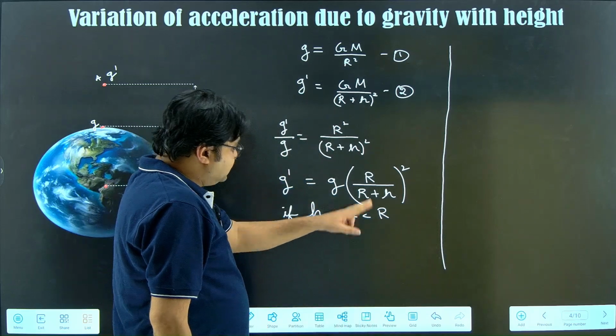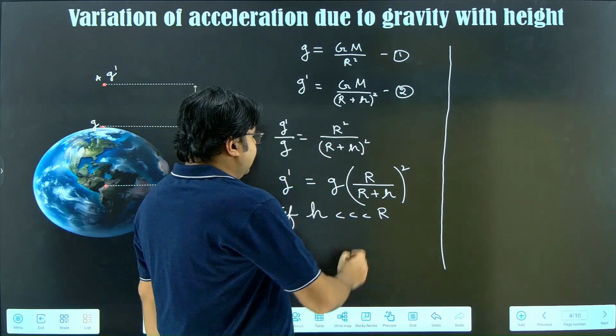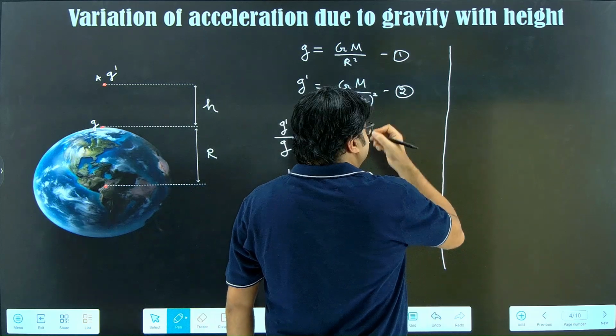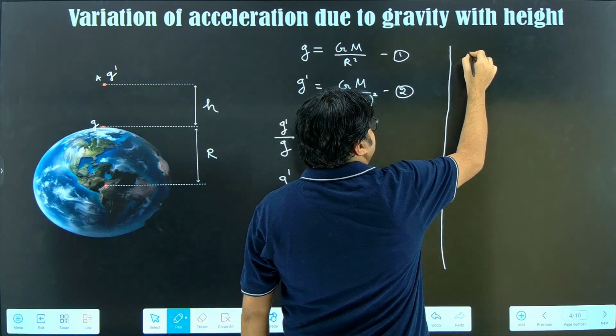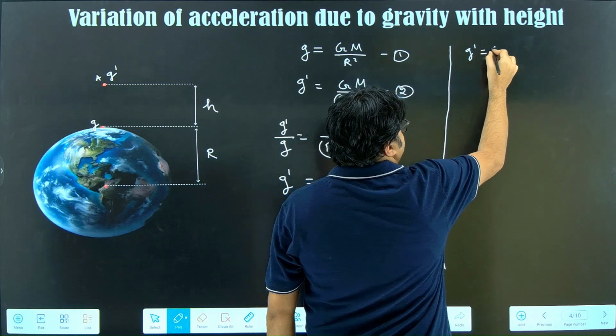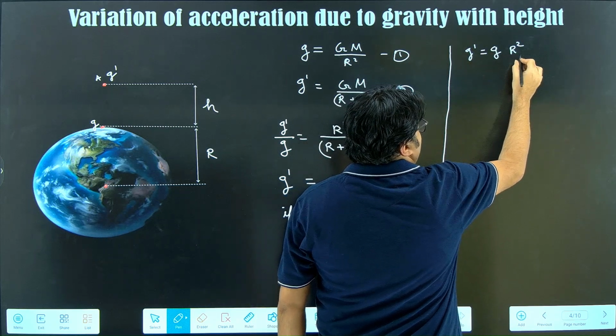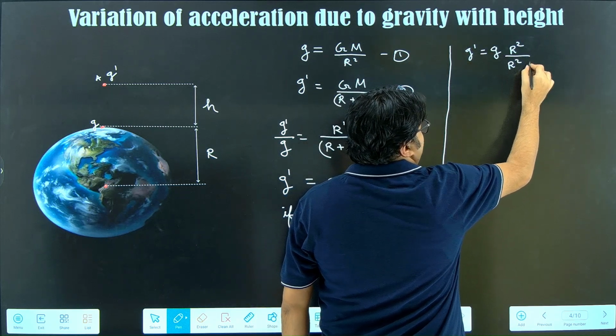Well, when h is very less when compared to r, you can pull out r as a common factor and cancel it out. You will have g dash is equal to g into r square will come out from the numerator and r square will come out from the denominator.